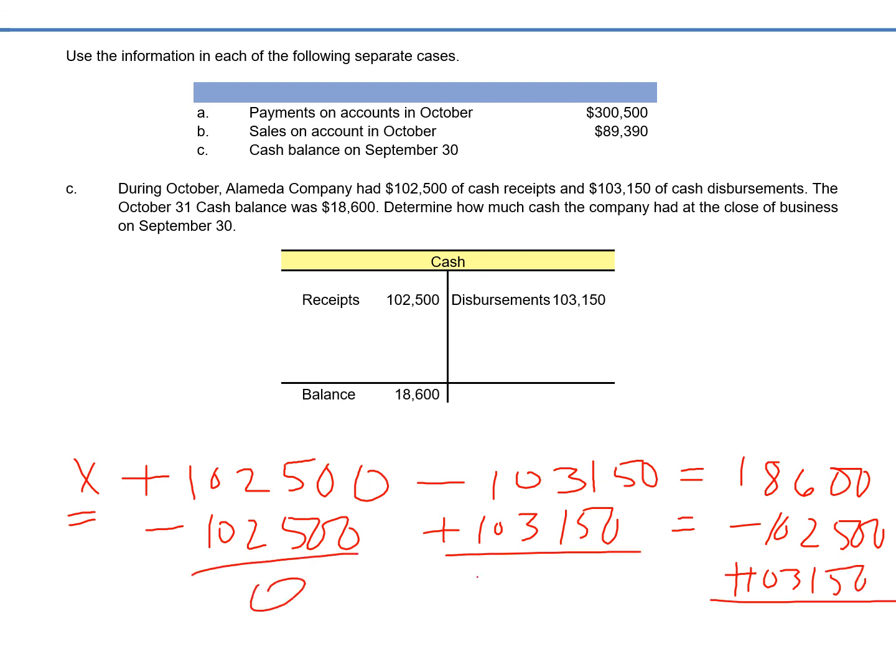So this is 0 and 0, which leaves X equal to, and if we do that math, 18,600 minus 102,500 plus 103,150, that must mean our beginning balance is 19,250. September 30th, 19,250, and so they ask us what's our cash balance on September 30th. This 19,250 gets populated there in the answer. Okay?